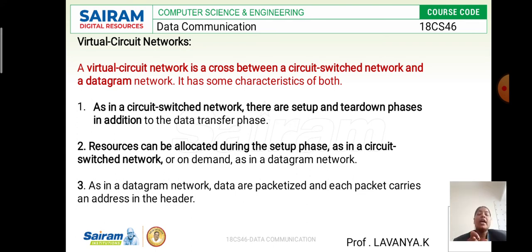Based on that, the packet carries the destination address over the packet, so that the packet can easily reach the destination from source to destination. This is what the datagram takes care of. So it extracts the features of both the circuit network as well as the datagram network.